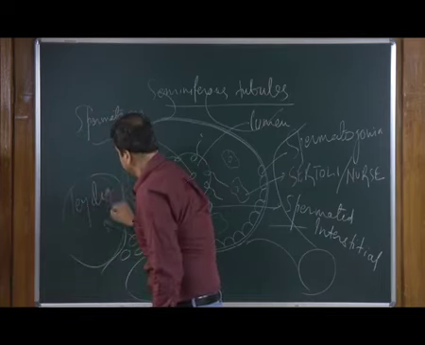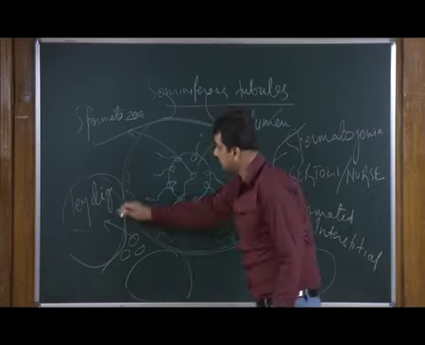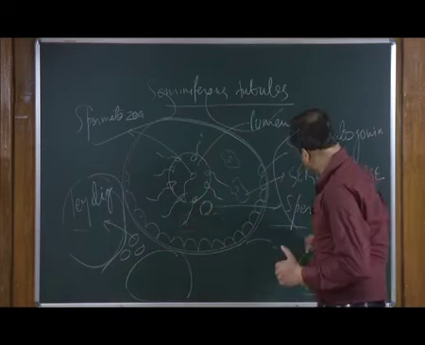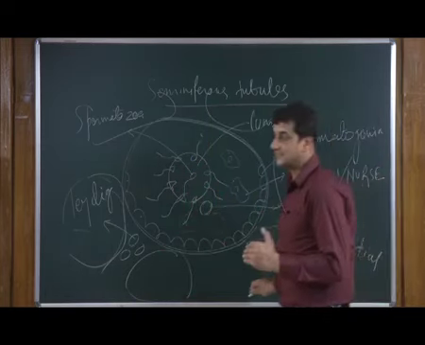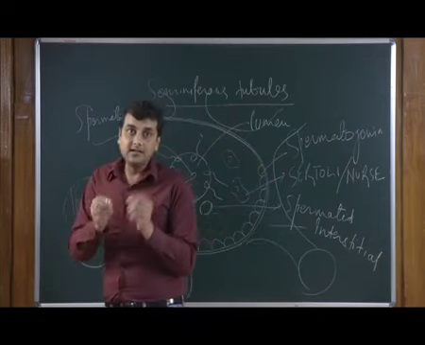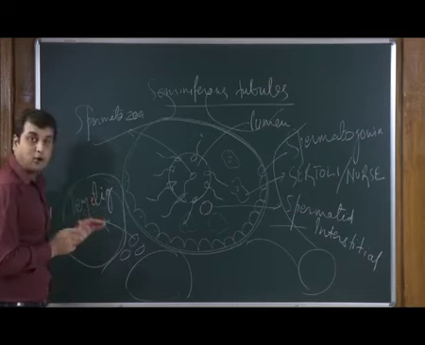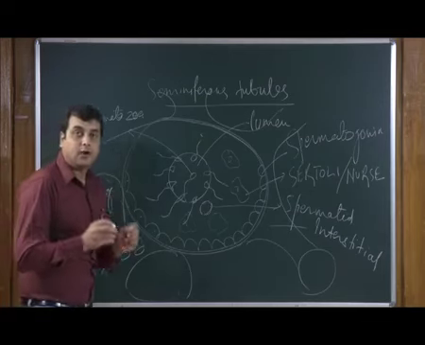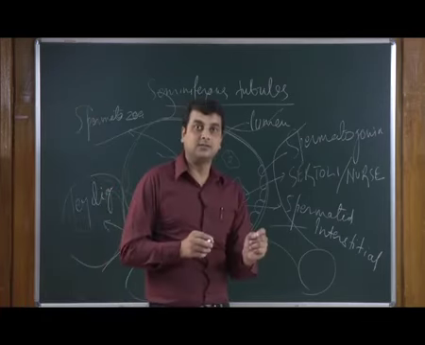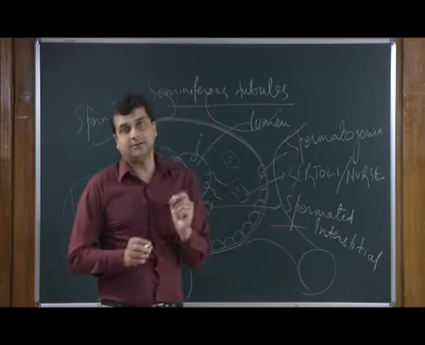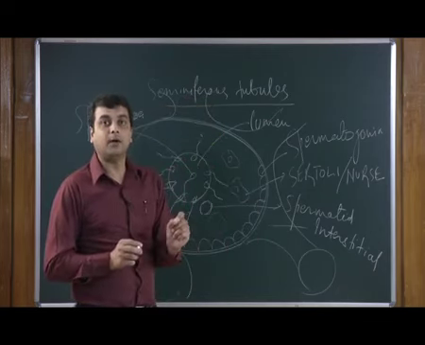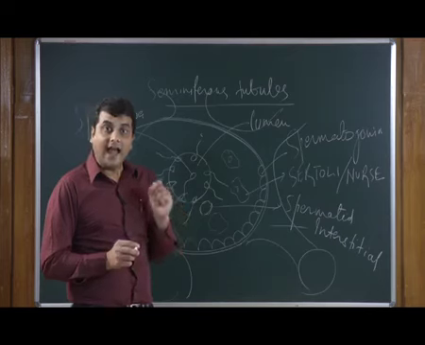Leydig cells are otherwise called interstitial cells because they are available in the interstitial space. The important aspect about the Leydig cell is that it secretes hormones important for the male reproductive system. They are responsible for the release of androgens.